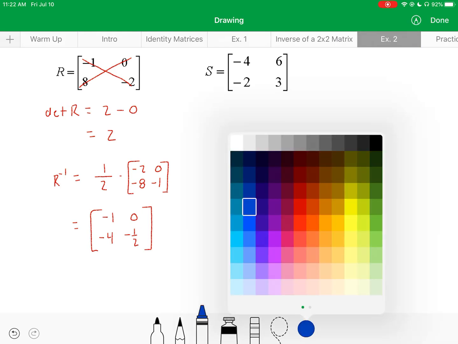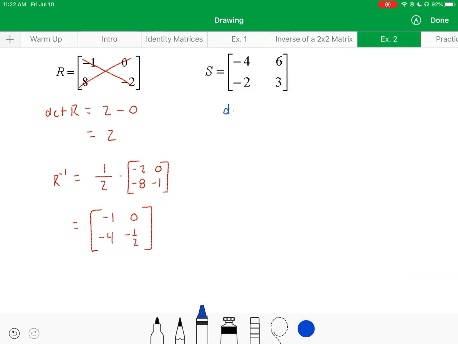All right, for matrix S, start by finding that determinant, which would be this product, -12, subtracted by this product, also -12. It's going to turn out to be 0. The fact that that is 0 means that the inverse for S does not exist.